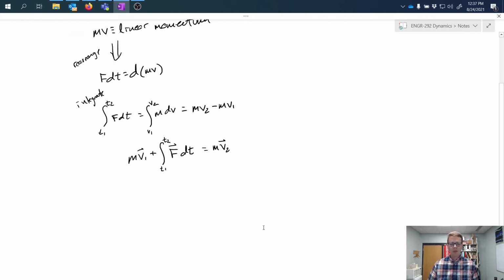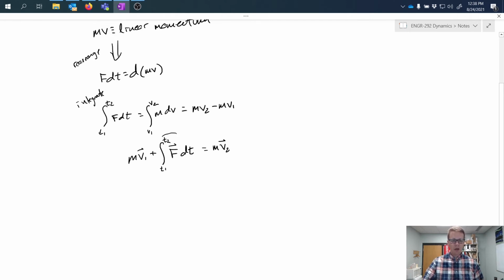At least when I look at it, it looks very similar to our conservation of energy equation, where we have some initial state of energy, we add something into it, and we get a new state at the second time step. That's what we're seeing here. We have some initial momentum, we add something to it, and as a result we have some new momentum.